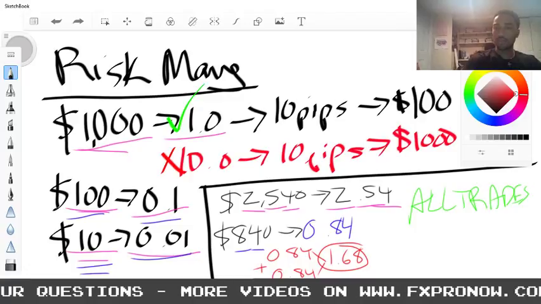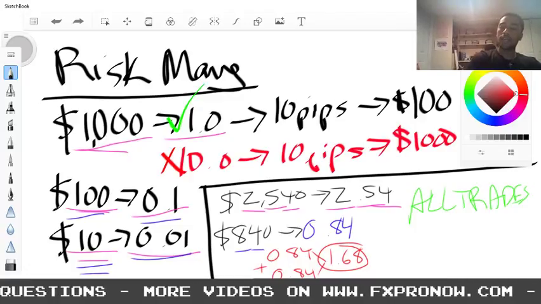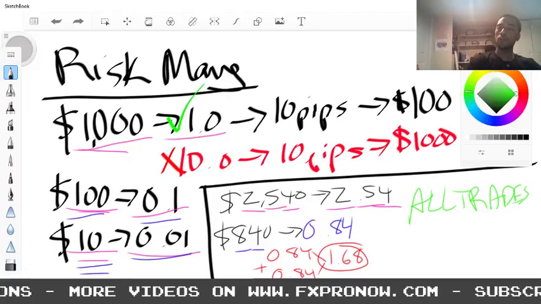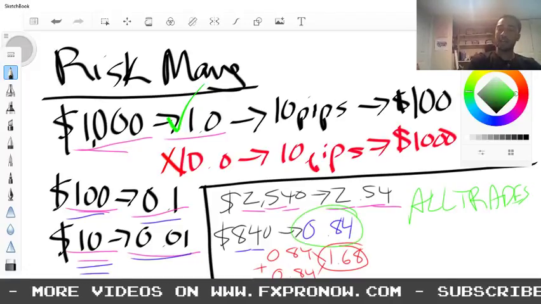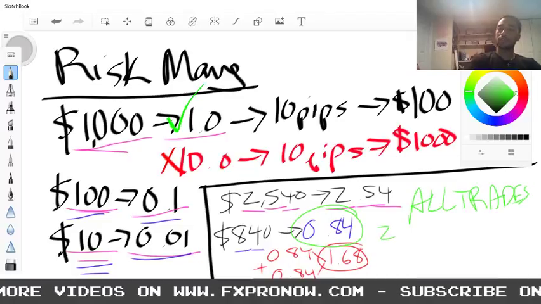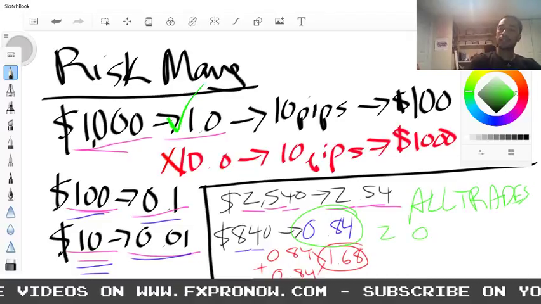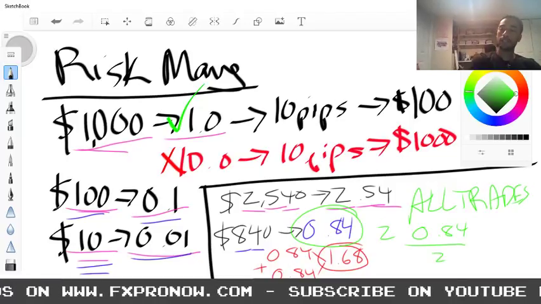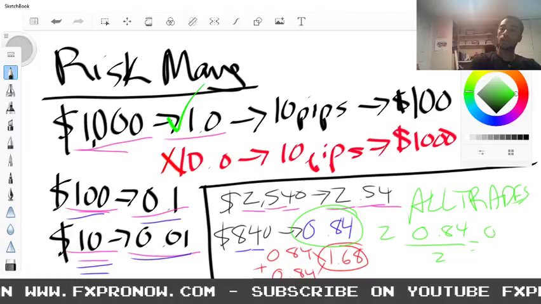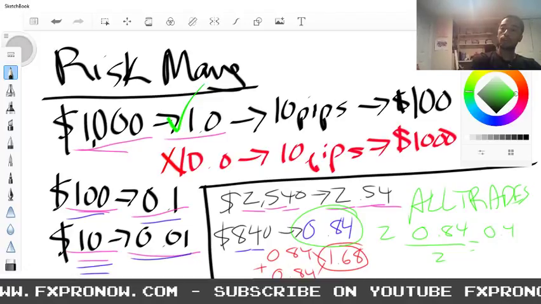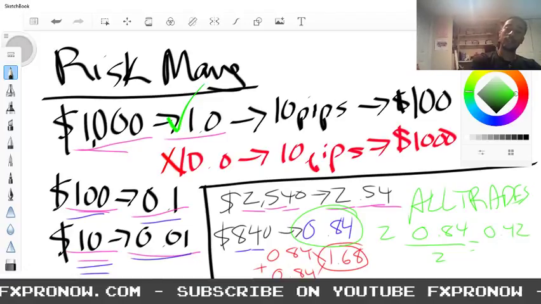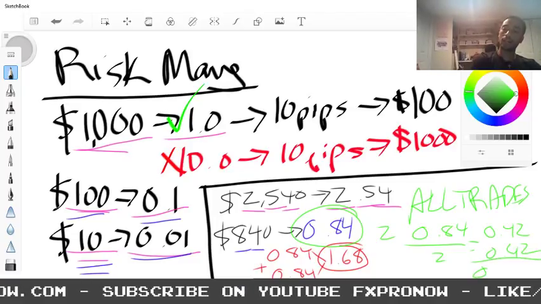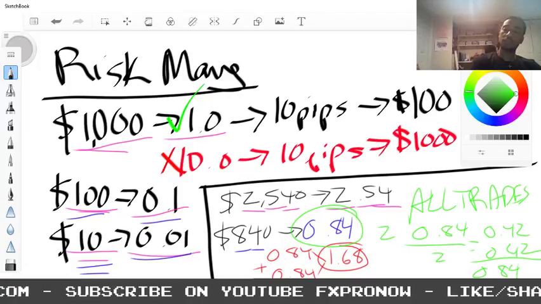All right. So essentially what you want to do is say, okay, I want to get into two separate trades. So I know what the highest lot size that I should be at, and I know I want to get into two separate trades. So what I'll do is take that number and divide it by the number of trades that I want to get into, and that equals 0.42, and I'll get into the second one at 0.42, and that adds up to the highest lot size that you should be at.